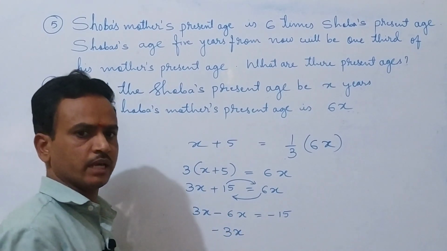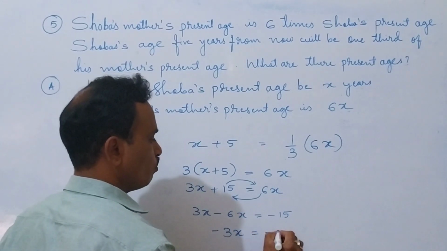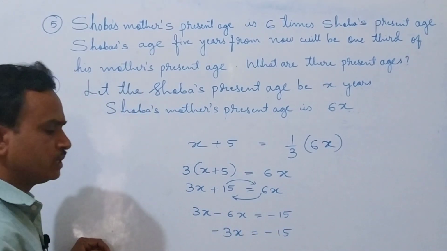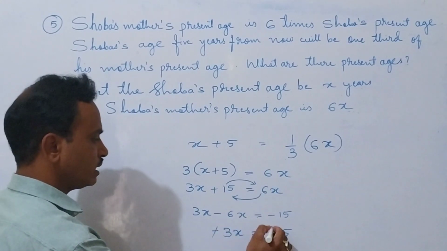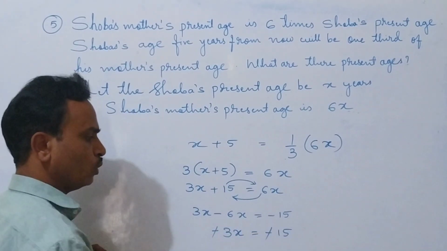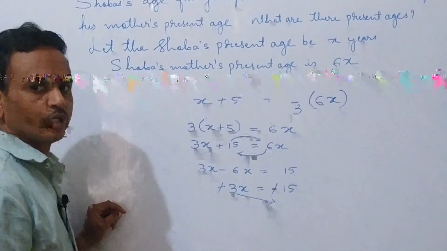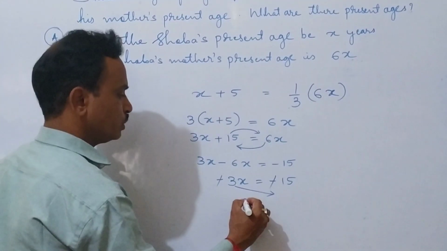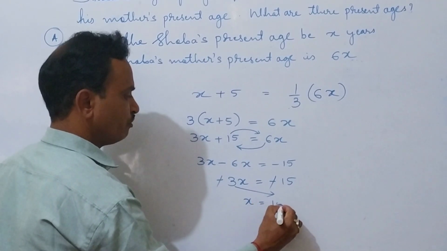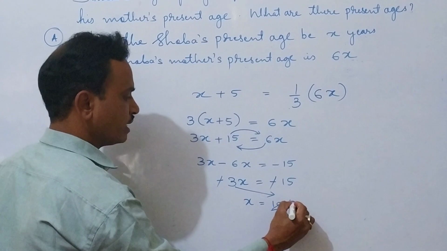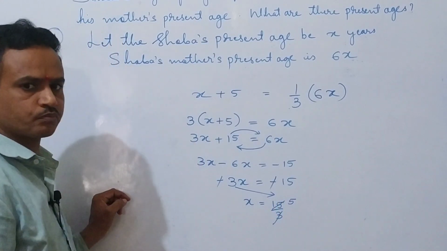Minus 3X is equal to minus 15. Both sides have negative signs, so they get cancelled. So 3X is equal to 15. Then 3 goes to the RHS side, to the denominator. So X is equal to 15 divided by 3. 3 5s are 15.